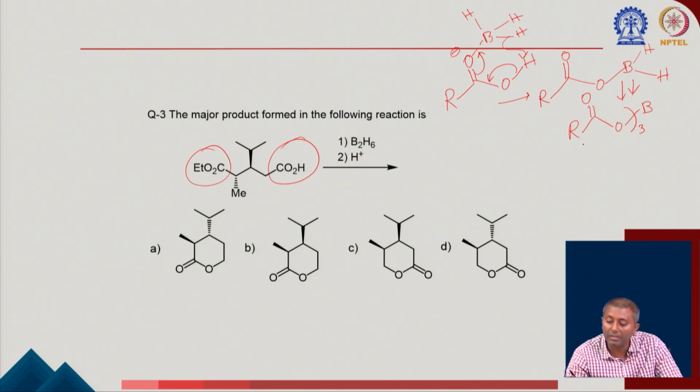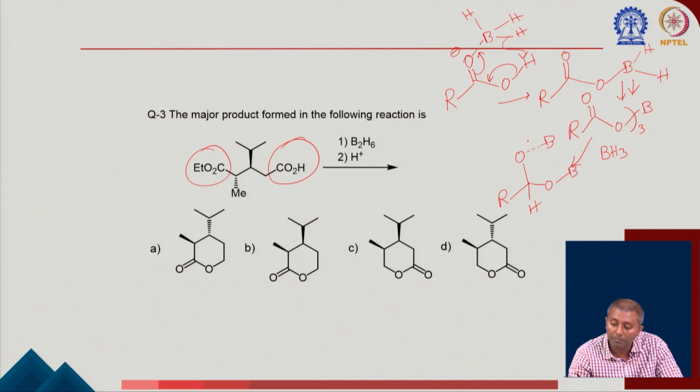Okay, now what can happen, now this can be treated with another BH3. So now it can attack the corresponding oxygen, and now you will find out that there will be an H coming here, the oxygen is going to bind with a boron, and then here there is a boron also. So you'll be able to get some sort of species like this. From there you can clearly see this is going to get hydrolyzed and convert to the corresponding aldehyde.